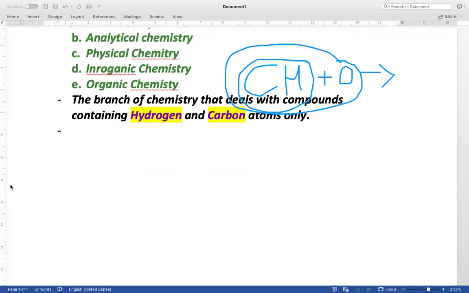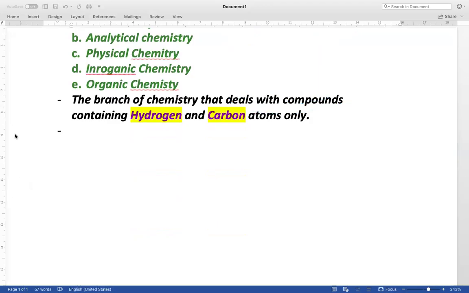Now, these compounds that contain hydrogen and carbon only, they have names. They are actually called hydrocarbons.